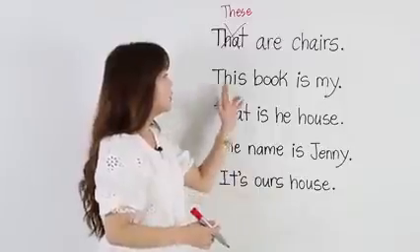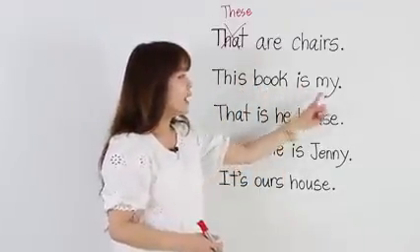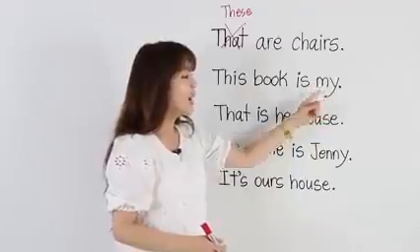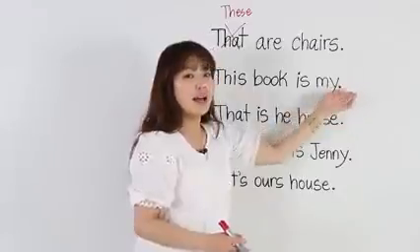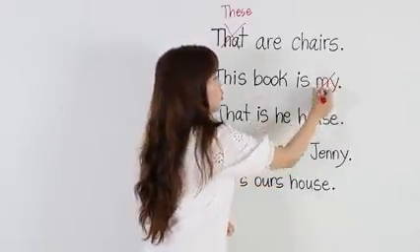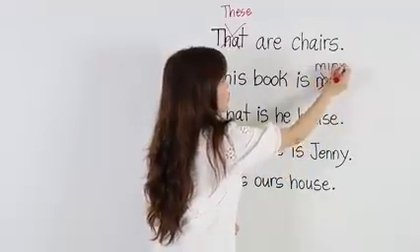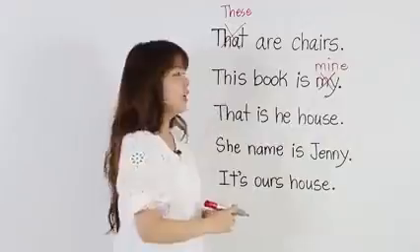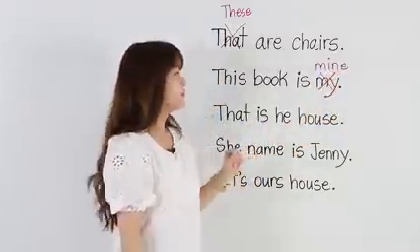Okay, this book is my. We have the possessive pronoun my. But remember, you have to have a noun after, but there's no noun. So we can change this to the possessive adjective mine. Okay, you don't need a noun if you say mine.